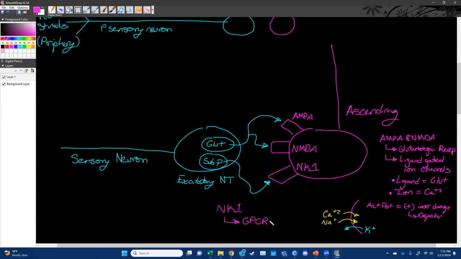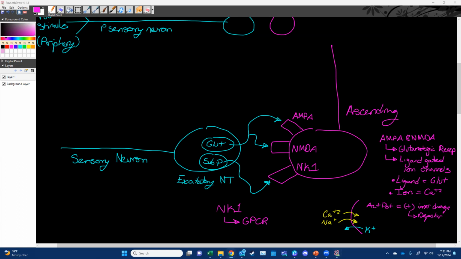If you had to guess, what GPCR do we think NK1 is? Either GQ or what's the potential other one? Not GI. Remember, substance P is an excitatory neurotransmitter, so we're stimulating the cell. GS. Very nice.